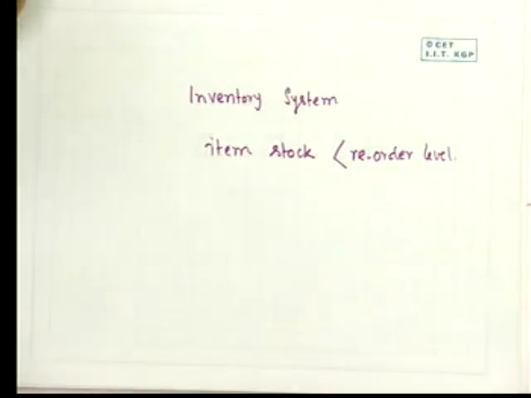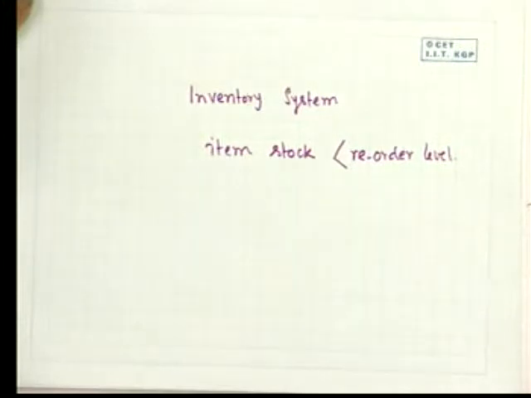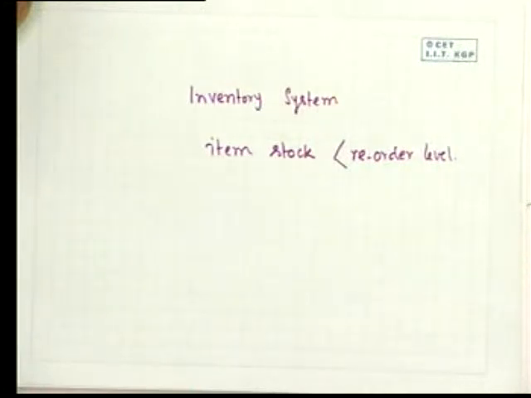Now, such an order will not be placed until the stock of the item is well above the reorder level. So when the stock falls below a special level, the same amount cannot be issued to the different branches of the company which are asking for that stock.